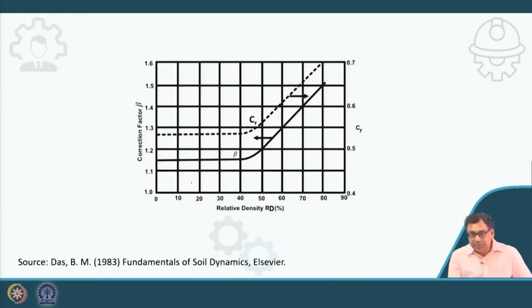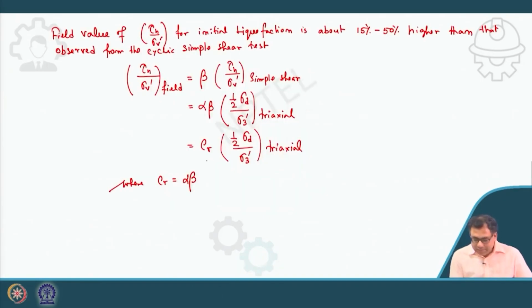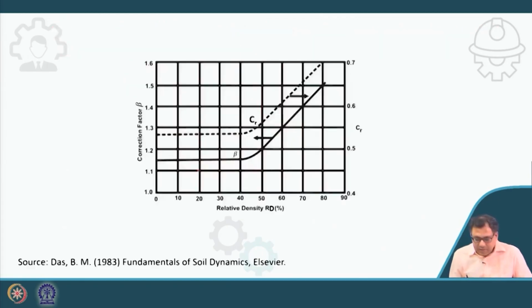Now, how will I get the alpha and beta? Alpha I know how to get, because alpha expressions are available for different cases. How will I get the beta value, the CR value? Those values I can get from this chart.